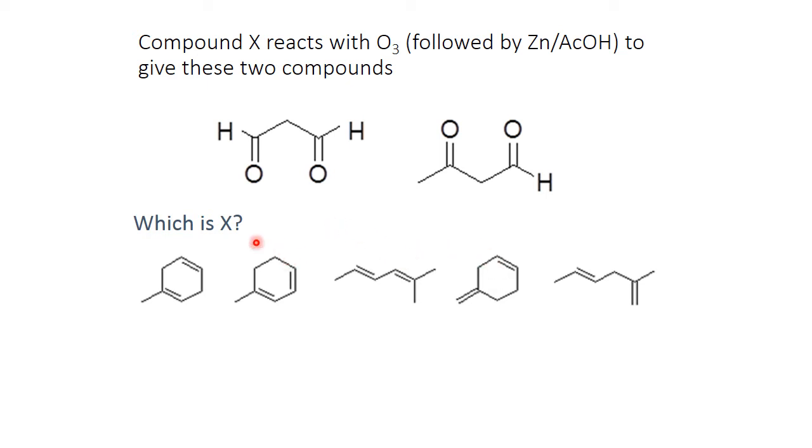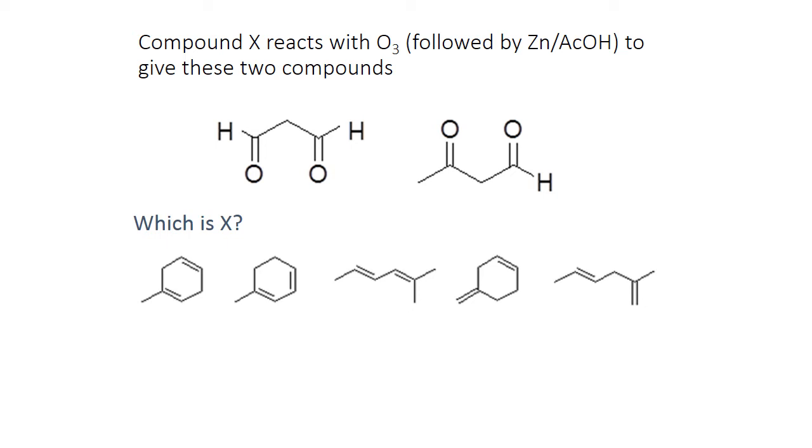You can take each one of these compounds and figure out what would be the product of ozone followed by zinc and acid. Or I can take these two compounds and try to fit them together to figure out what the product is. To me it's faster to do it that way. And I'll show you how to do it that way, but then I will also show you the other way.